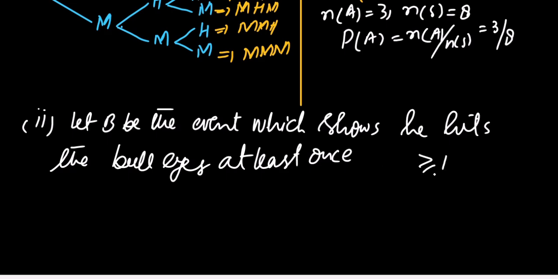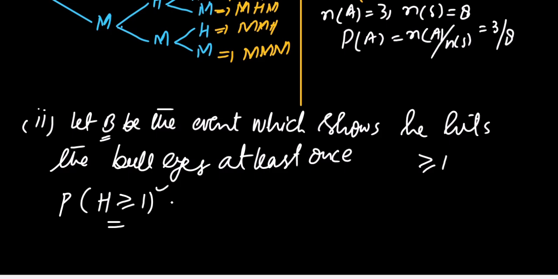So in this case, we have to find the probability of H greater than or equal to 1. If you do not name the event, you can express your probability by this condition: probability of H is greater than or equal to 1.